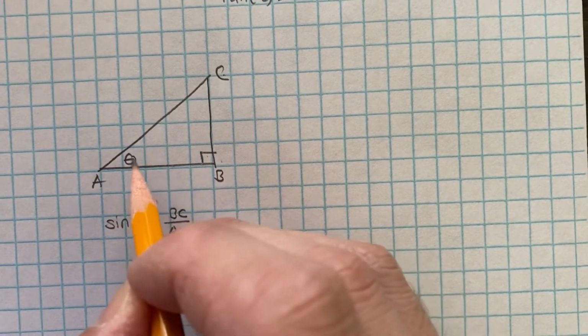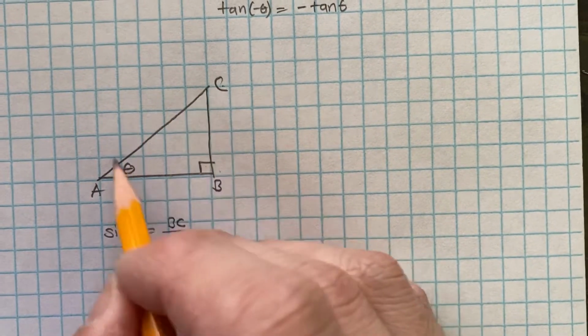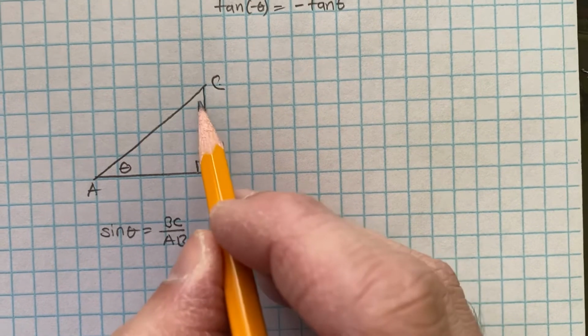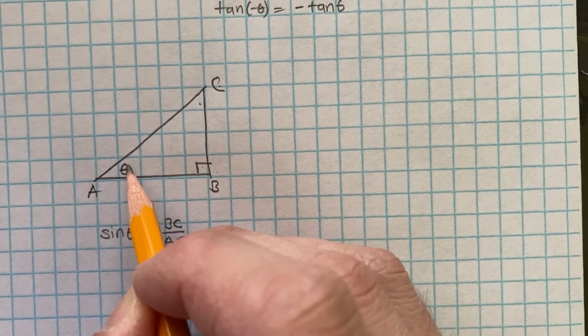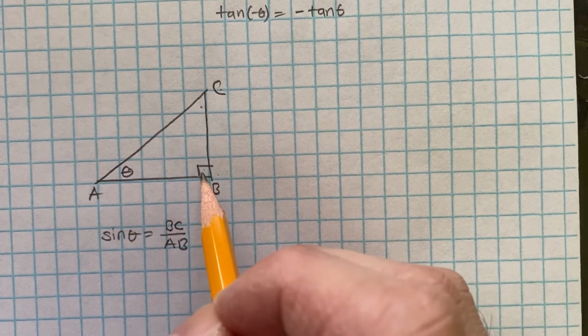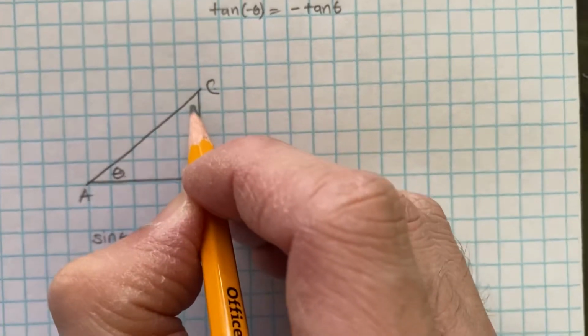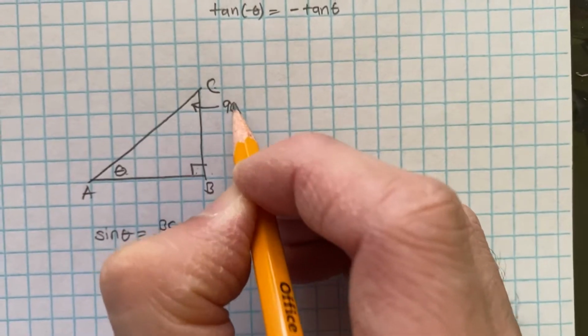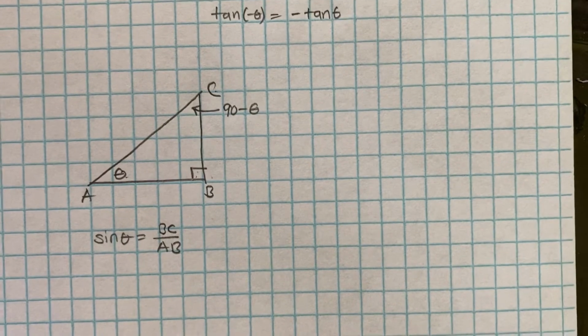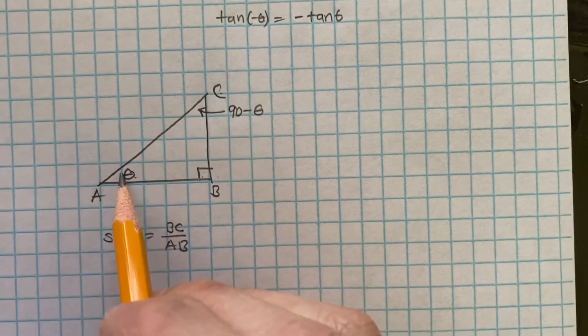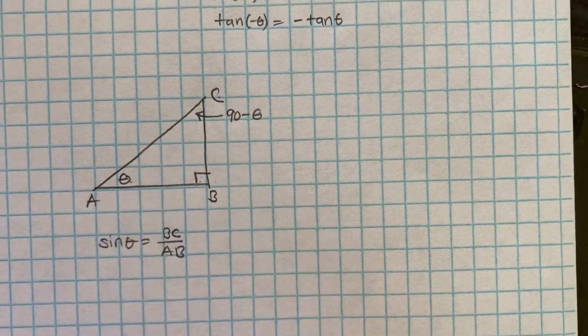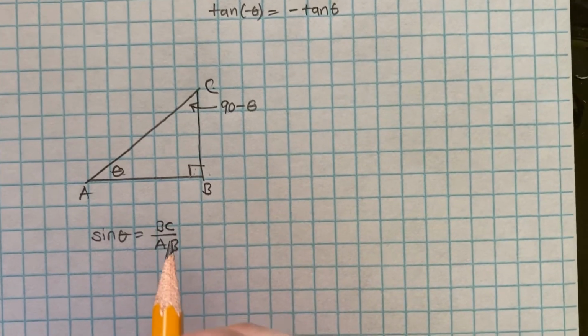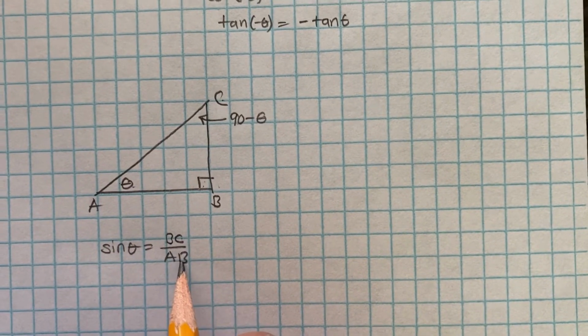If this is 90 and this is theta, and the sum of the measures of the triangle's angles is 180, angle C in terms of theta would just be 180 minus 90 minus theta, which will just give you 90 minus theta. I mean, you could do the math: this plus 90 should give you 180. Okay, so we said sine of theta is BC over AB.